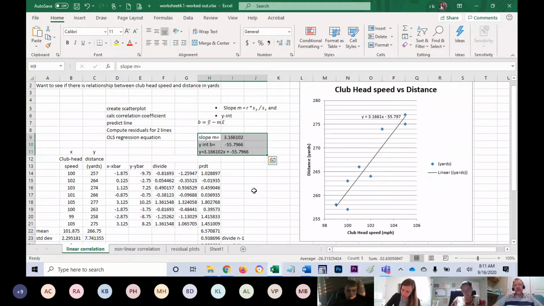Now, so here's the thing. You can see here, my club head speed is always from about 99 miles per hour to 106. I could probably deviate out there a little bit, 98 to 107, and it probably would be okay. But if I go much farther out, now let me ask you a question.